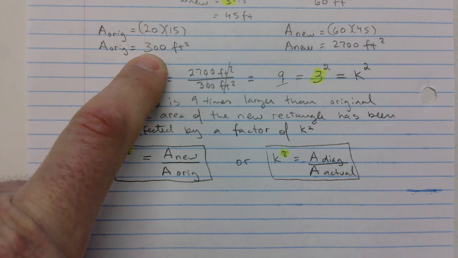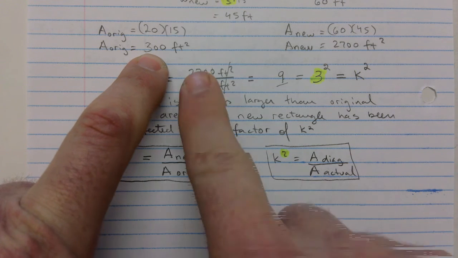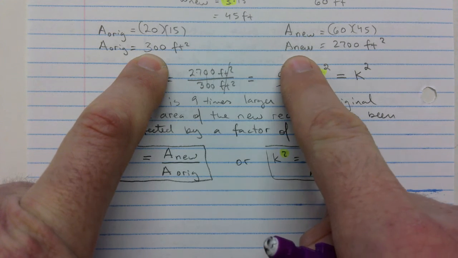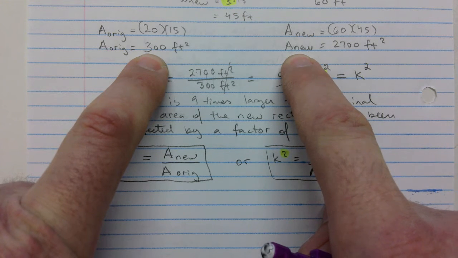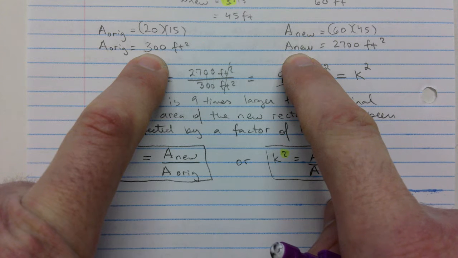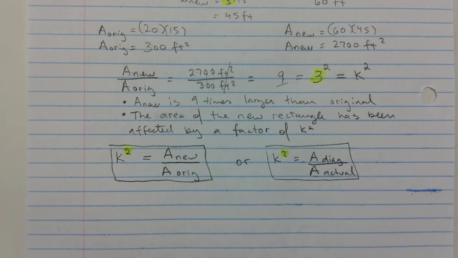If a rectangle has been created, a new one, and it has been enlarged or reduced, it doesn't matter, by a factor of, let's say, 1.5, how could you come up with the area of the new shape? Well, it's going to have been affected by a factor of not 1.5, but by a factor of 1.5 squared. Okay, so when you're talking areas, everything is affected by the scale factor squared.